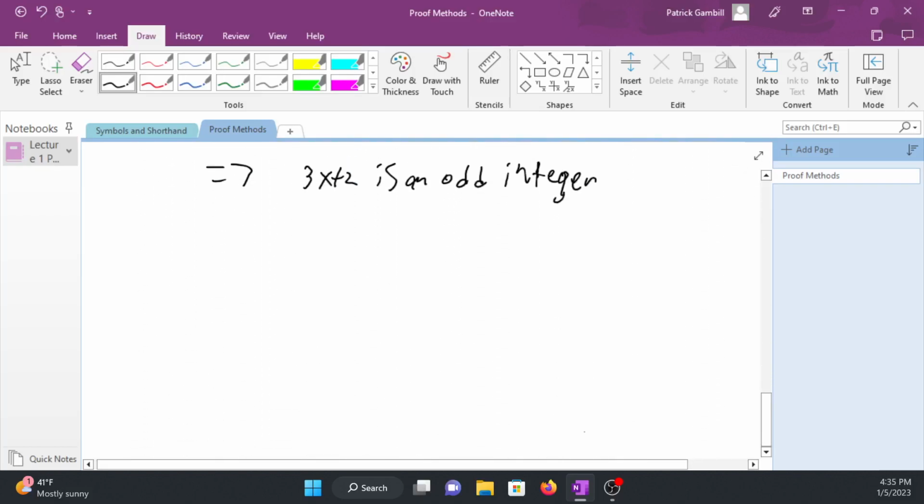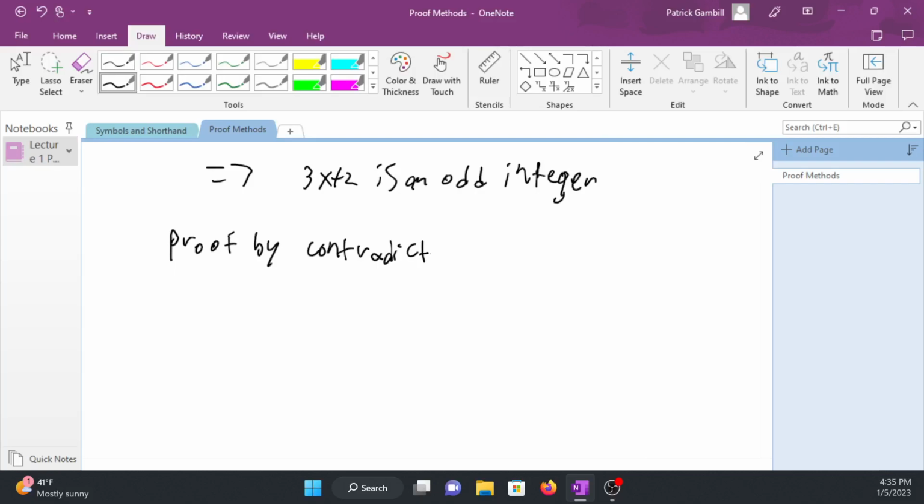Now the next one we're going to do is we're going to talk about proof by contradiction. It's similar to our proof by contrapositive. With the proof by contrapositive, you're just reframing the original question to directly prove the contrapositive.